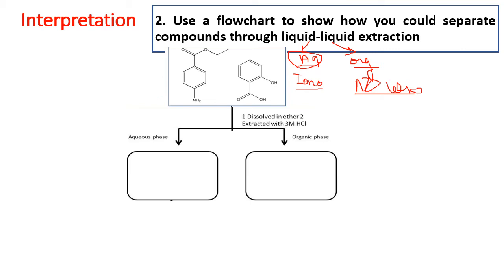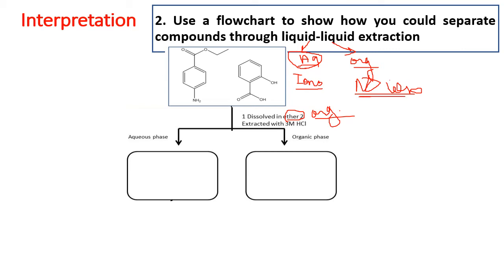What about, first, we will dissolve both of them into ether. The ether constitutes what? It constitutes the organic layer. So within the organic layer, everything will be soluble because till this stage, both of them are non-ionizable.